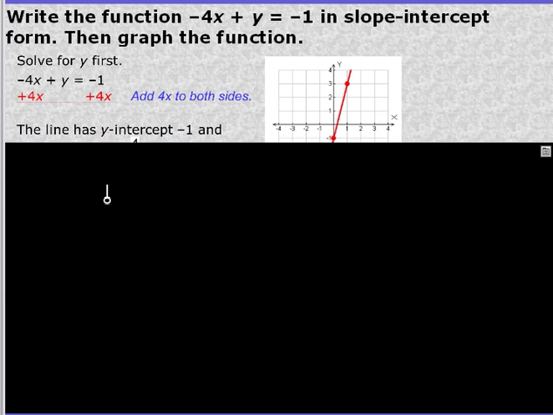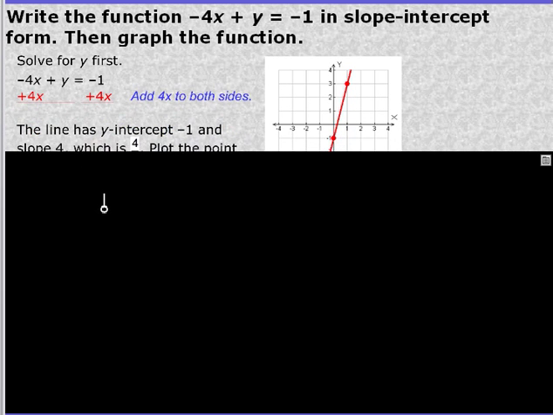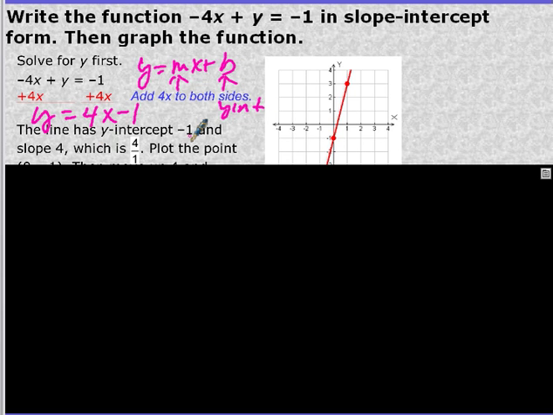Now I have the equation in slope-intercept form. It's going to be y equals 4x minus 1. So slope-intercept form, we know that y equals mx plus b. This is our slope. This is our y-intercept. So here, the line has a y-intercept of negative 1. That means it has coordinates of 0, negative 1. So we plot that point.